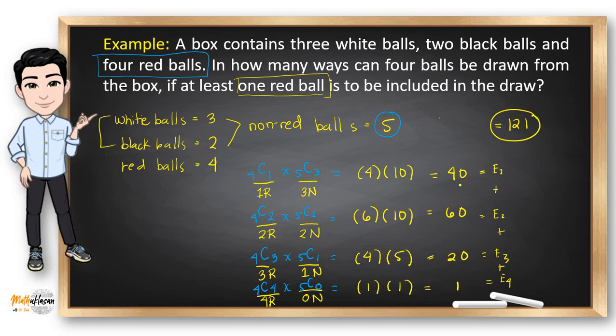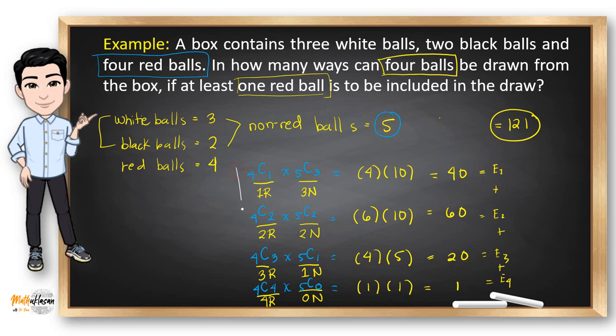Again, all you have to do is add 40, 60, 20, and 1 for you to get 121. So there are 121 ways for us to choose four balls from a box containing white, black, and red balls, making sure that at least one is a red ball.